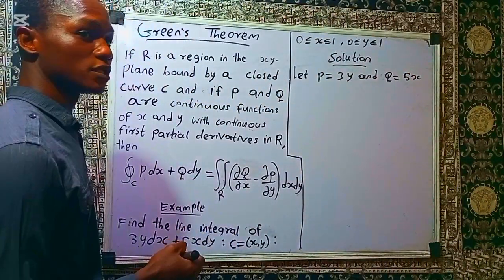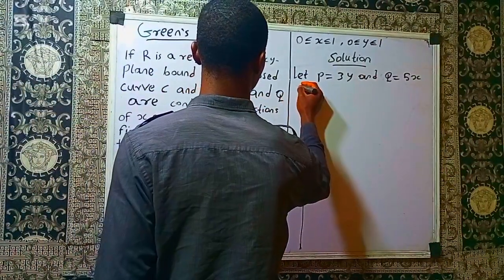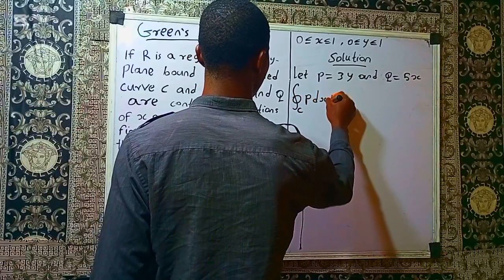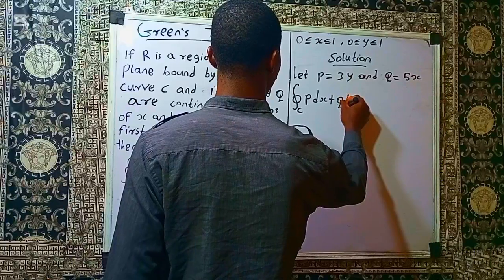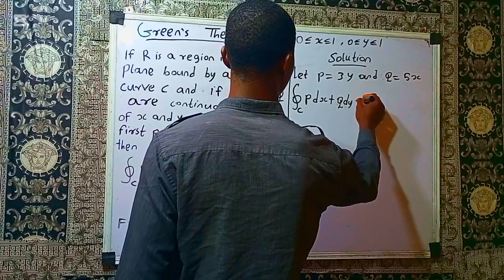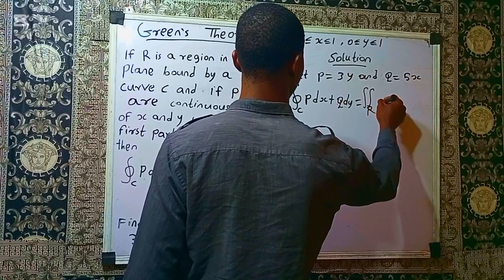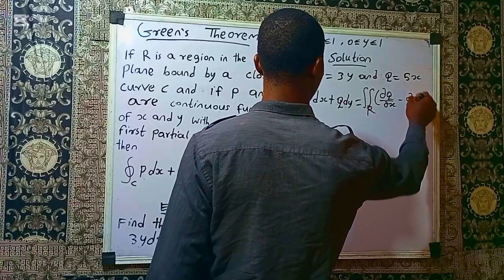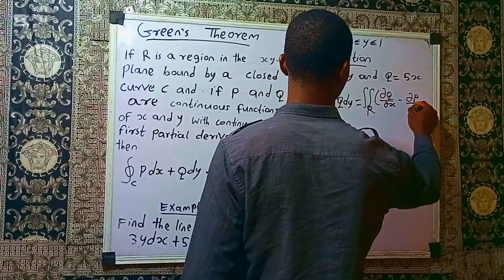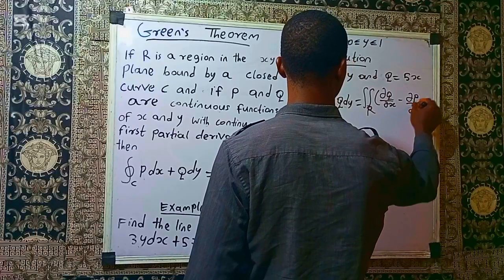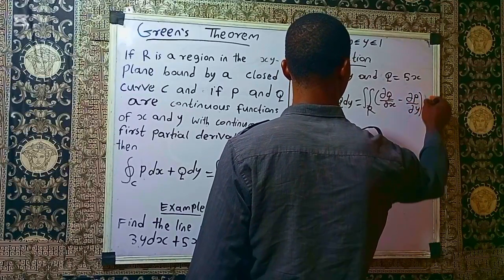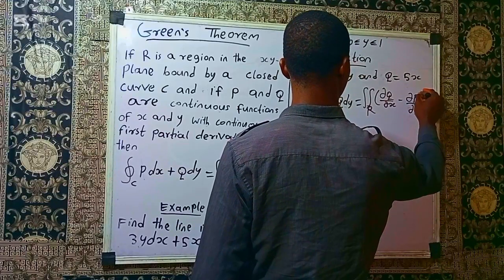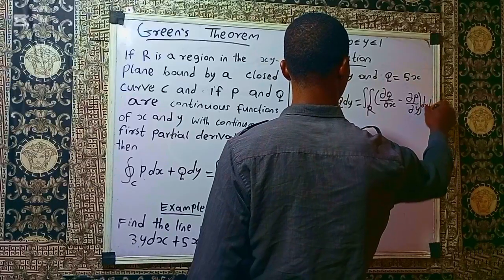Then by the help of Green's theorem, we'll have that the integral over the closed curve C of P dx plus Q dy is equal to the double integral over region R of partial Q partial x minus partial P partial y dx dy.